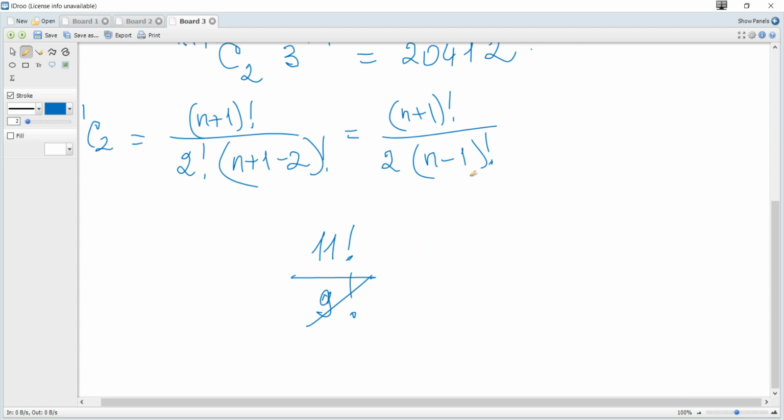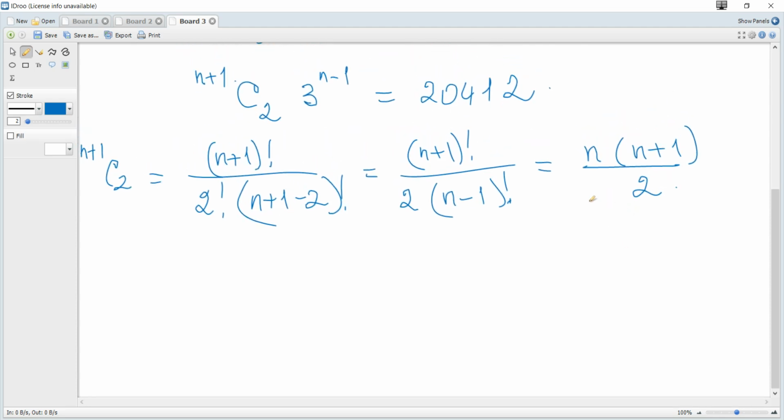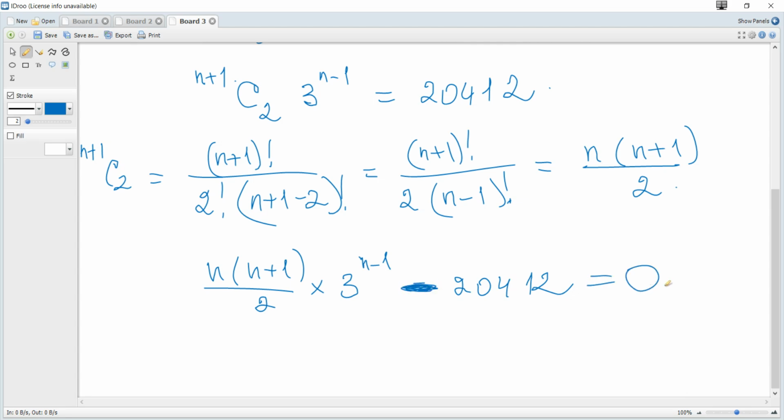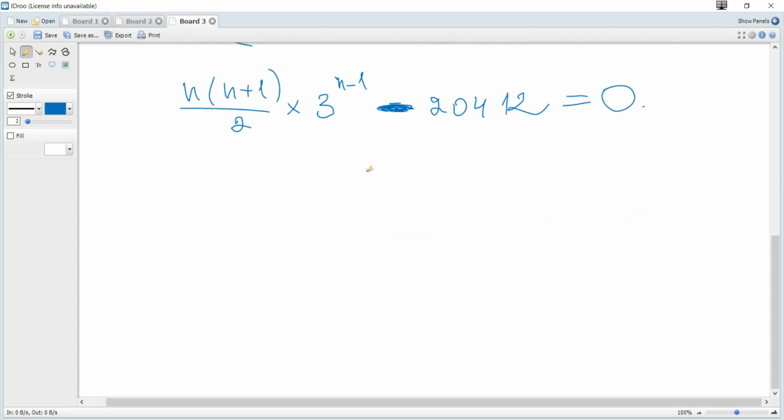So it becomes finally n(n + 1) over 2, and hence it becomes n(n + 1) over 2 multiplied by 3 to the power of n minus 1 is this value. Or it will be more useful to move it to the left and equate it to 0, and it can be solved with the calculator.